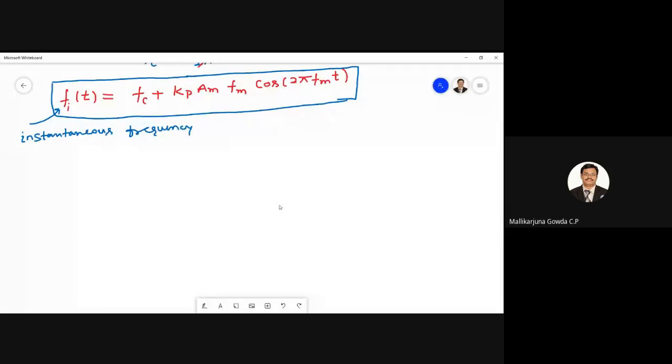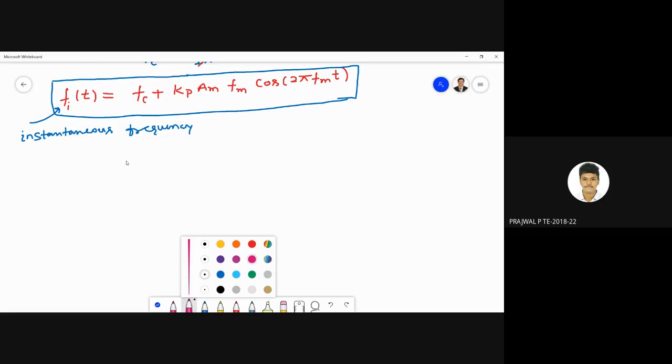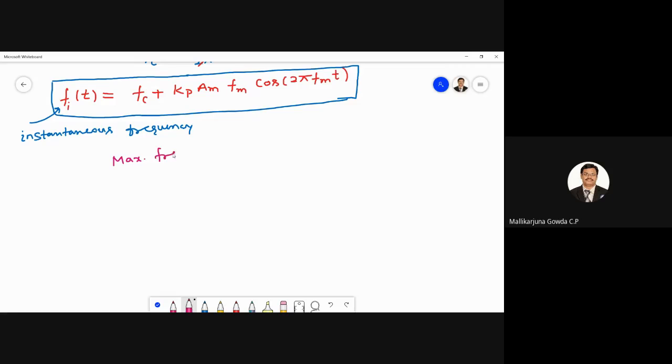What is the maximum frequency deviation? Yes, quickly. See, it all depends on how fast you say; that much fast I can finish up. From your side, I expect maximum frequency. Sir, it's maximum of fi of t minus fc. Yeah, maximum frequency deviation.